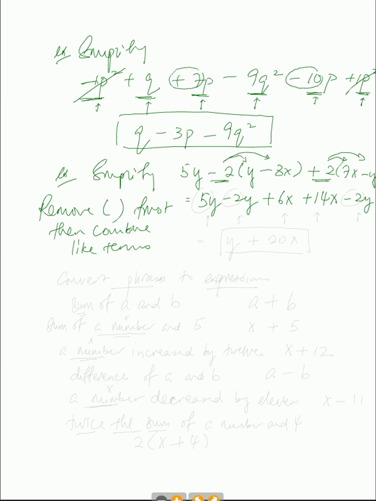Once it's removed, I can now look for who are the like terms. There's a y right here, there's a y right here, and down the line there's one more y. So what is 5 with minus 2 with minus 2? 5 minus 2 is 3, and 3 minus 2 is 1. So do I write 1y?